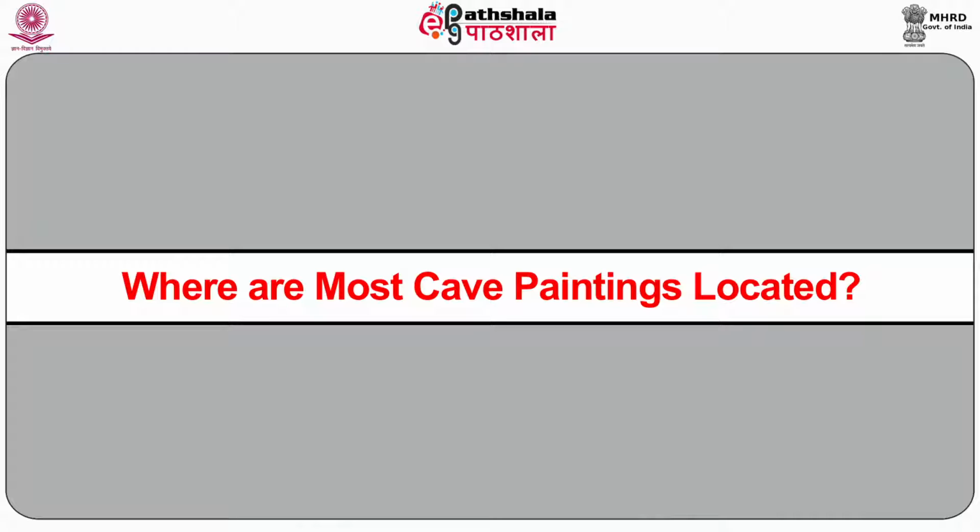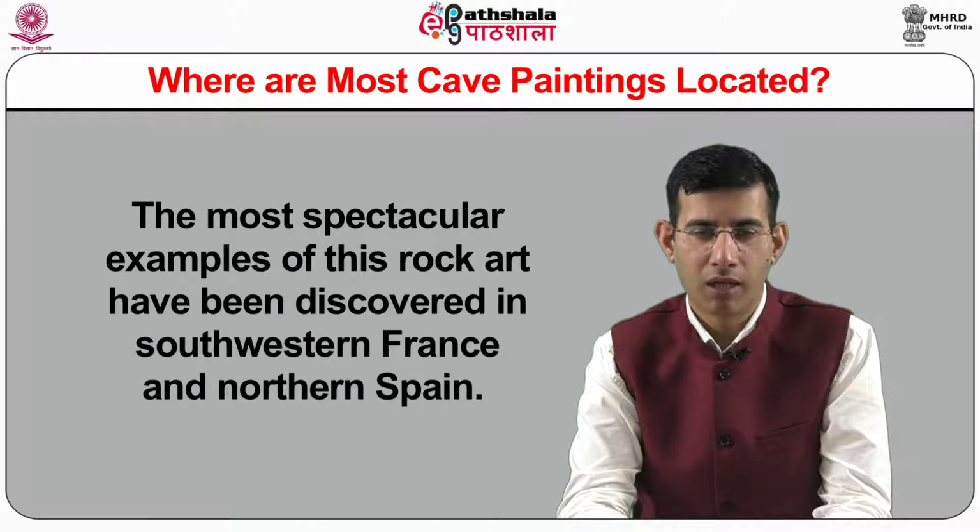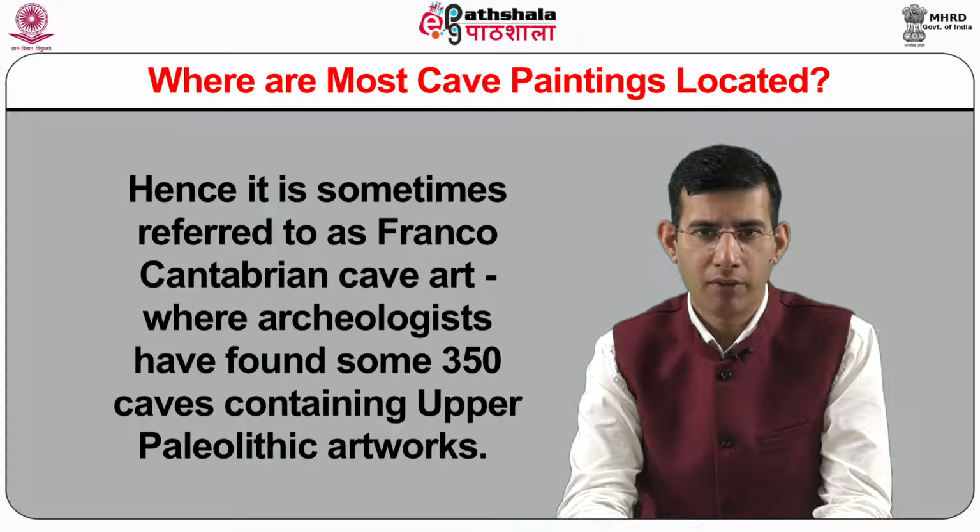Where are most cave paintings located? The most spectacular examples of this rock art have been discovered in southwestern France and northern Spain. Hence, it is sometimes referred to as Franco-Cantabrian cave art, where archaeologists have found some 350 caves containing Upper Paleolithic artworks.